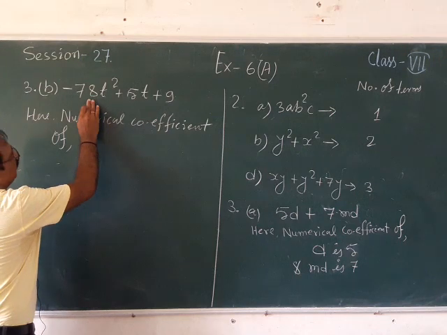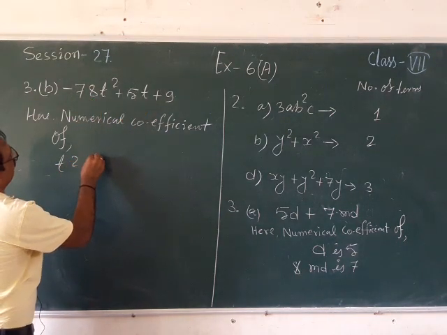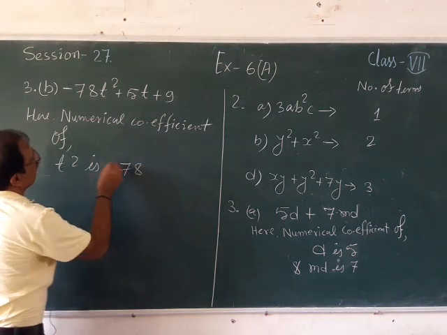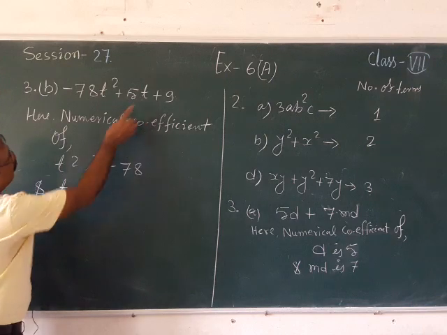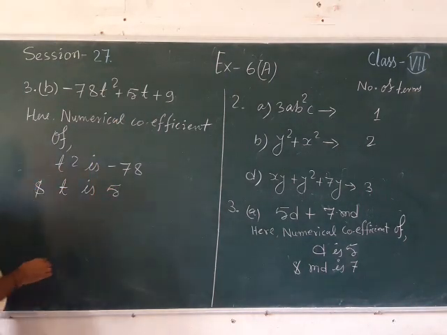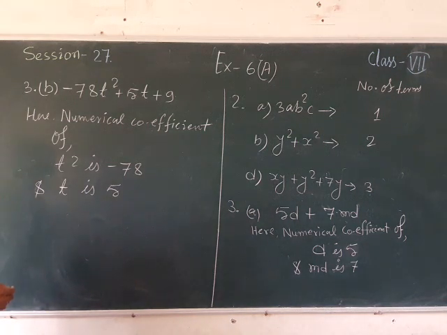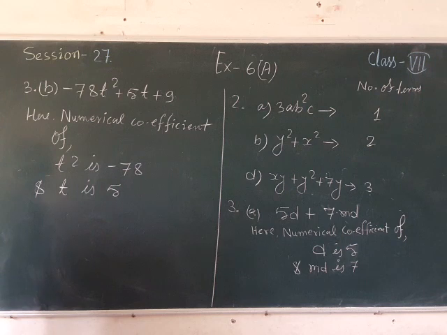As you can see, there are three terms, 1, 2 and 3. So the numerical coefficient of t square is minus 78, and of t is 5.